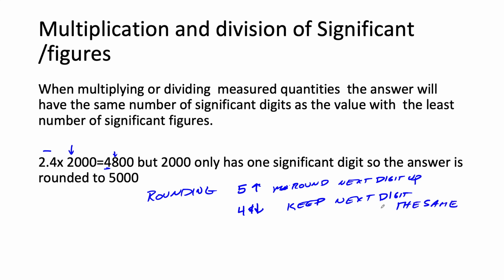So those are the 2 things of rounding. With 2,000, if it's a 5 and above, round up. If it's 4 or lower, you just keep it where it is. And that's the next digit.